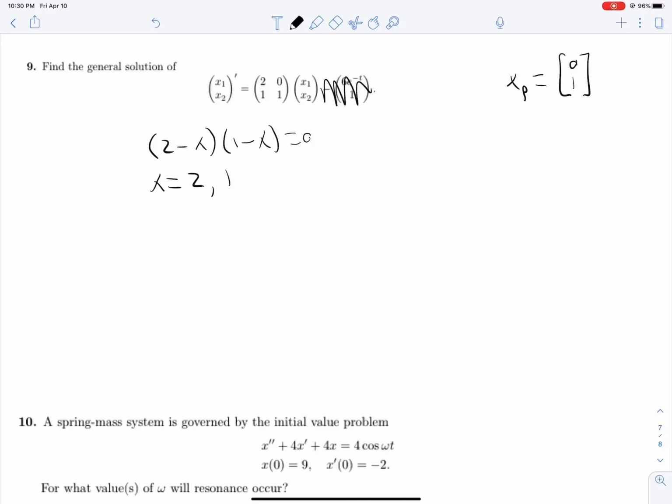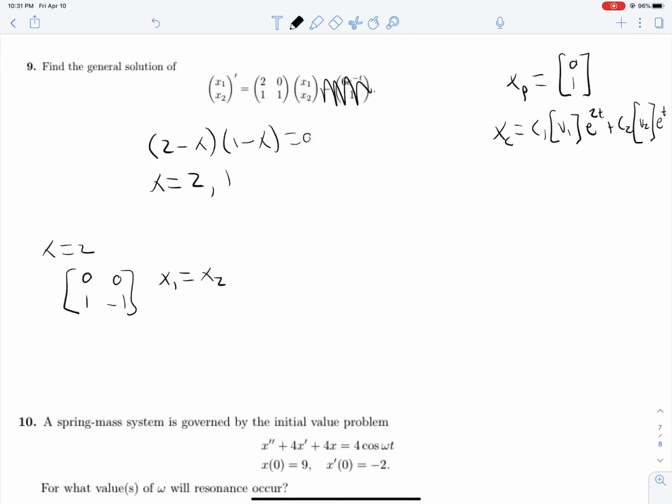So we know that our xc is c1 times v1 e to the 2t plus c2 v2 e to the t. And plugging in lambda equals 2 to A minus lambda I, we will get 0, negative 1, 1, 0. This is saying that x1 is equal to x2.